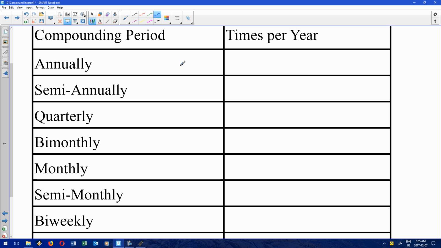So we talked about the first one already. Annually is just once per year, so that's one. Semi-annually, so semi, like semicircle, kind of means half. So that is twice per year. Quarterly, that would be 4 times a year or every 3 months, or maybe once a season.